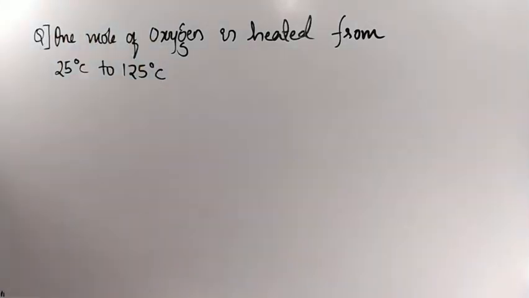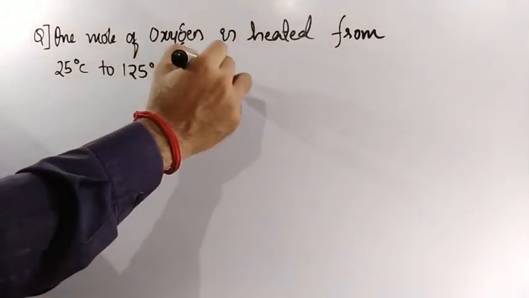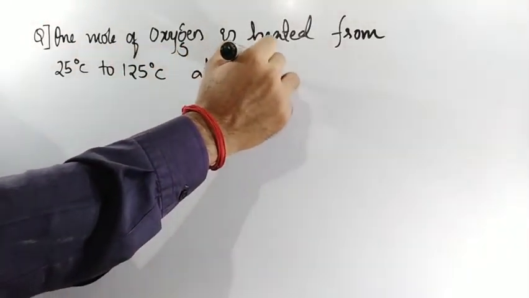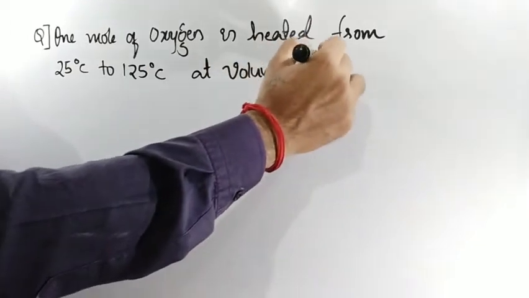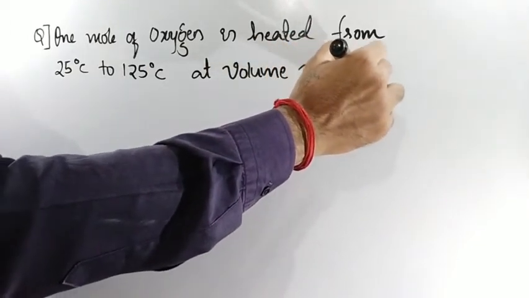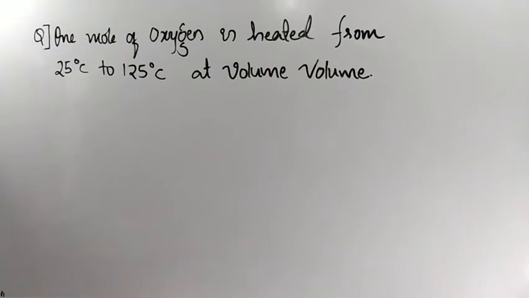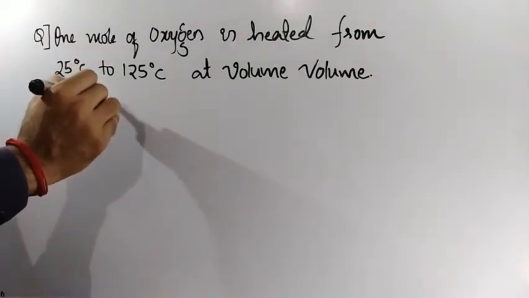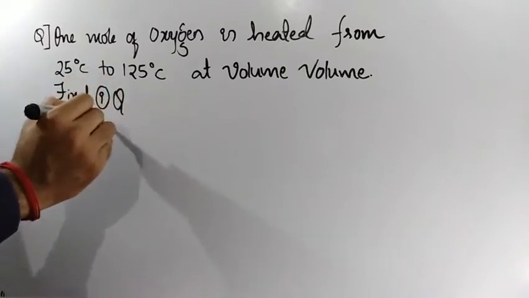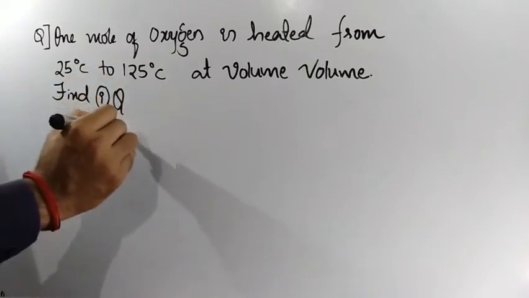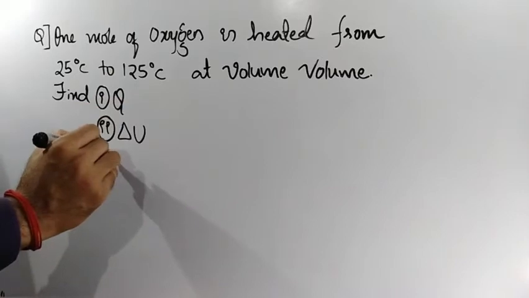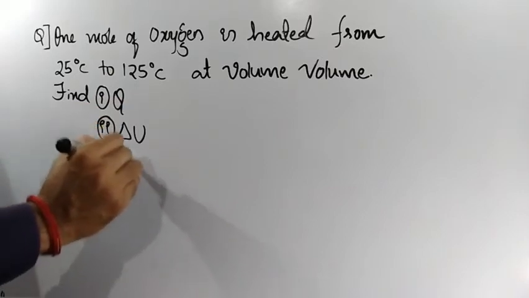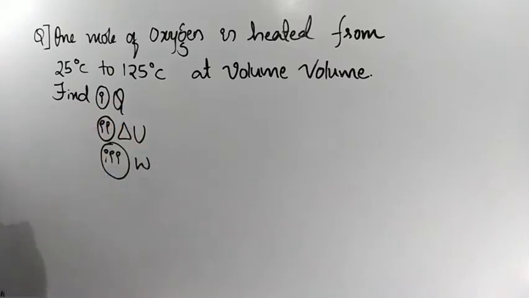And process is occurring at constant volume. Next, what they are asking, find first one Q, second one delta U, third one work done.